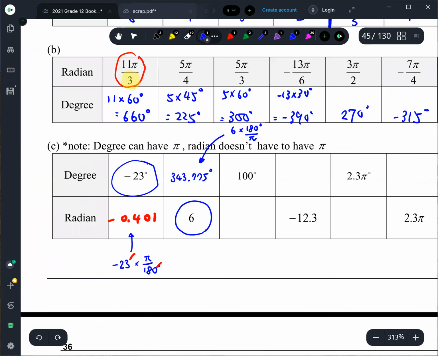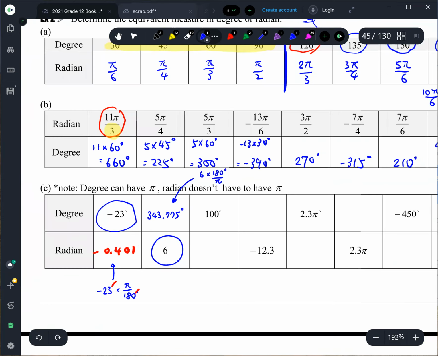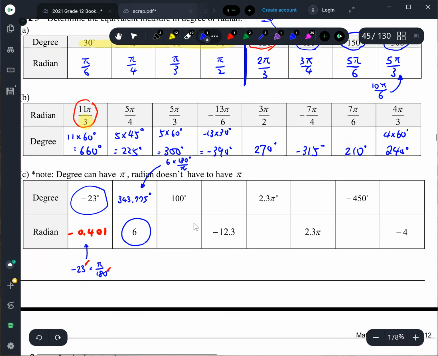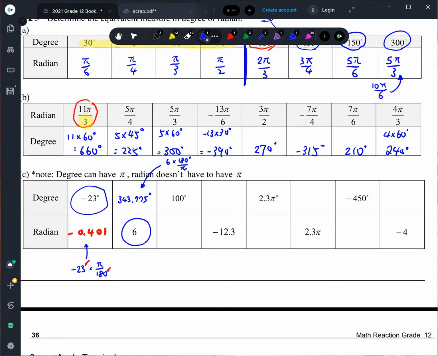Right, so I'll let you finish the rest of the boxes, right? It's just calculator work. Practice these ones. And raise your hand if you finish the boxes. We have 1, 2, 3, 4, 5, 6. Okay, so I ask 6 of you to answer the questions here. Complete the 6 boxes and raise your hand.